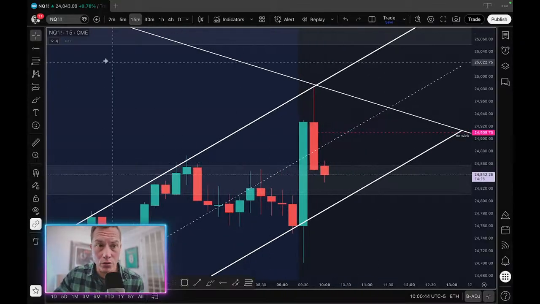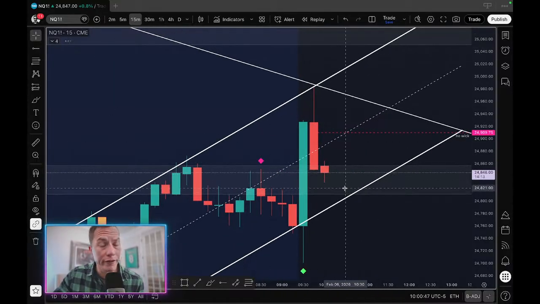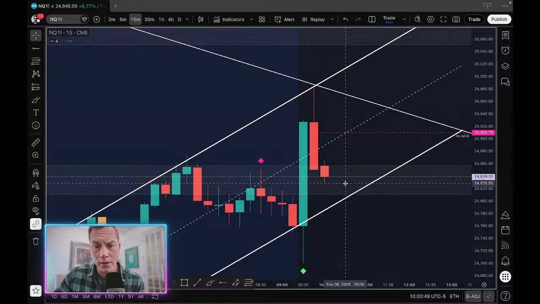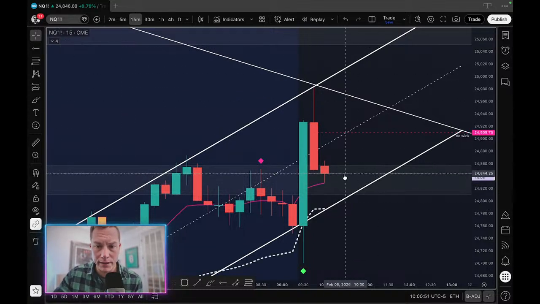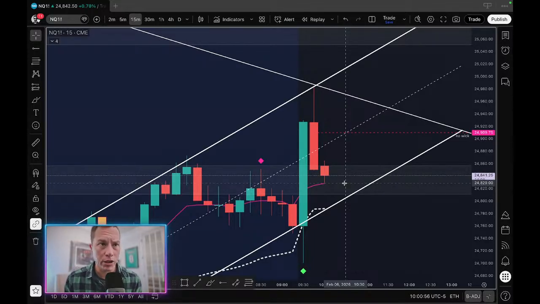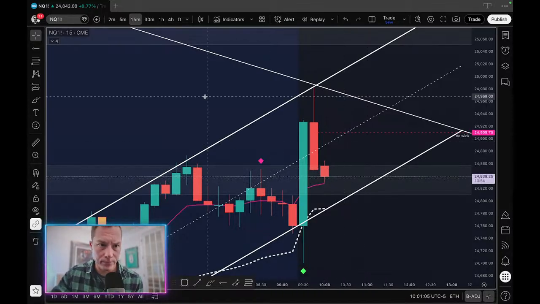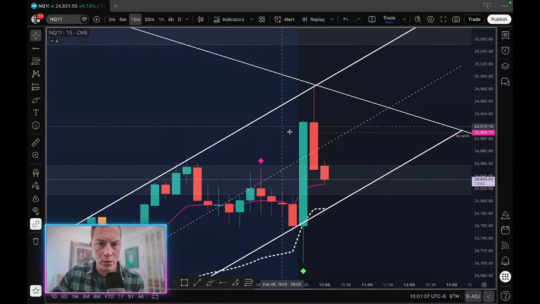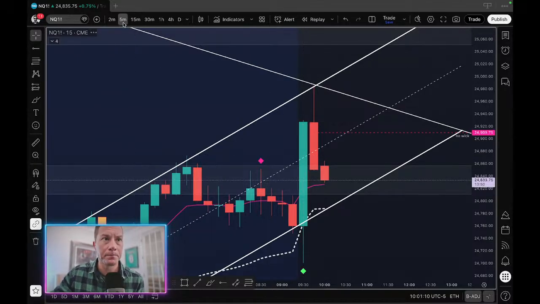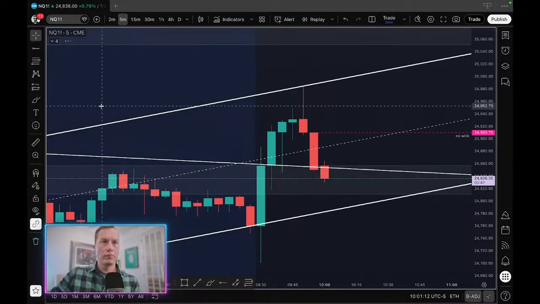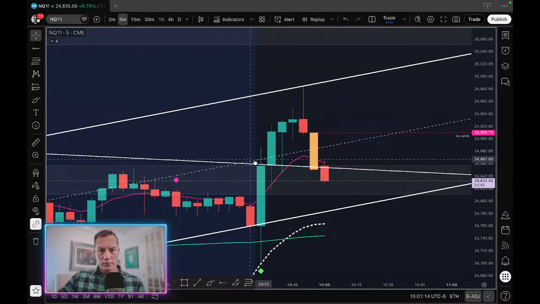Okay, so on the 9, on the 15, look what we're doing. We just touched that level. The time frames I'm really looking at are the 2, the 5, the 15, and the 30. Those are really the 3 that I'm watching. If we're going to be weak, we're going to have to break below that. I do think we're probably going to try to break down at this point.